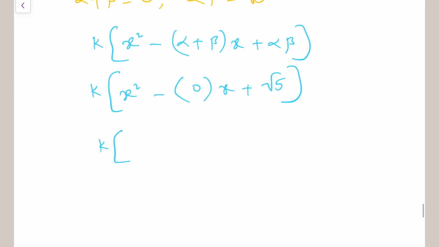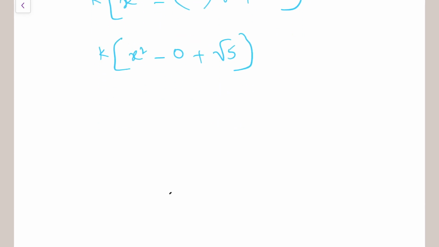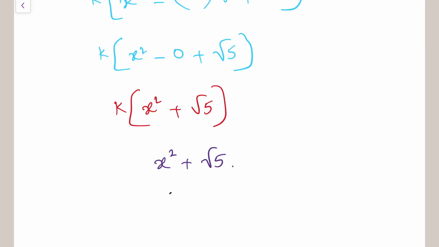So k into x square minus 0 into anything, 0, plus root 5. Anyway 0 does not have any value, so I can remove that 0 from the middle. K times x square plus root 5. Now the simplification is completed. In this case there is no denominator at all, right? So if there is no denominator, just take the k value as 1. So 1 into anything is the same number, x square plus root 5.